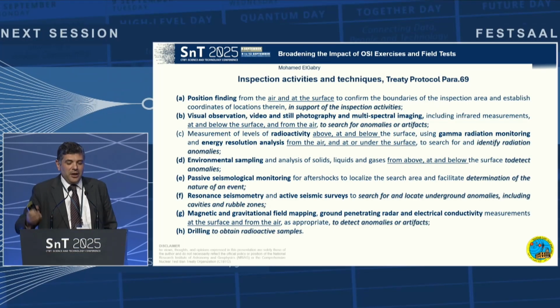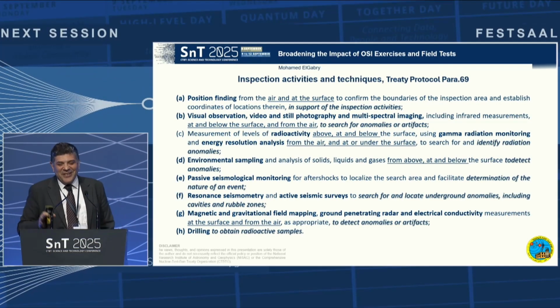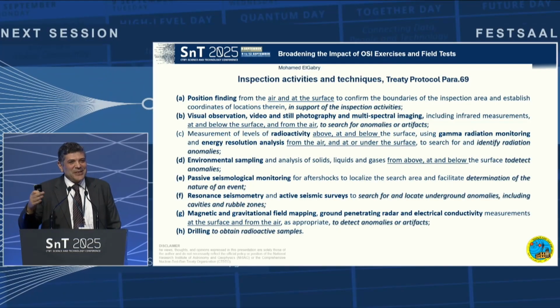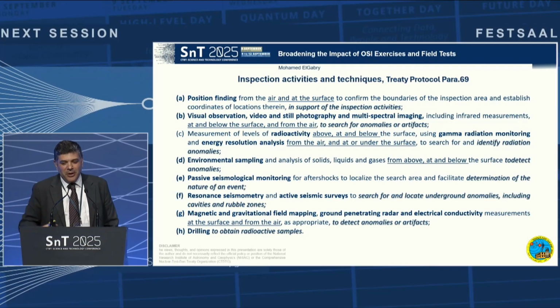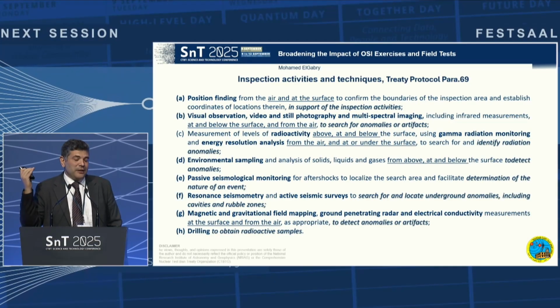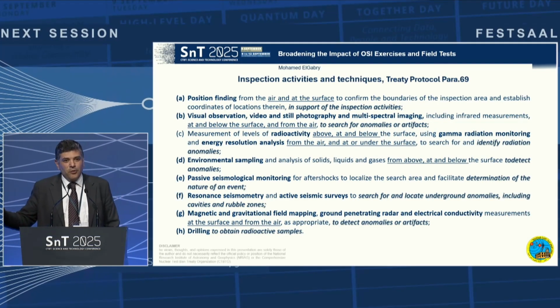We can count here, maybe Emilia told me 15, because Peter will be happy about 15, but we can discuss the number. If we go to see the number of techniques, they are much, much bigger. Under electric conductivity, we can list electric tomography, vertical electric sounding, electromagnetic time domain and frequency domain, many, many of them.